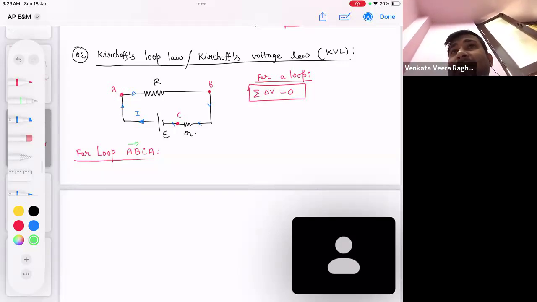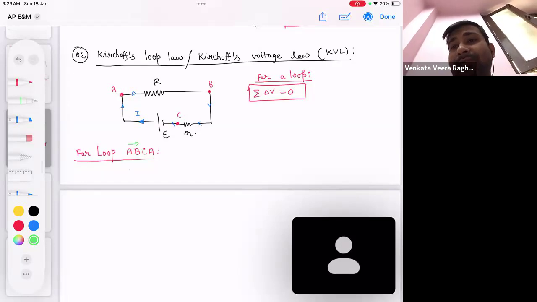In a resistor, current always flows from high to low potential. And if I look at the direction of current, I find the direction of current is from A to B. That means A must be high potential and B must be low potential.